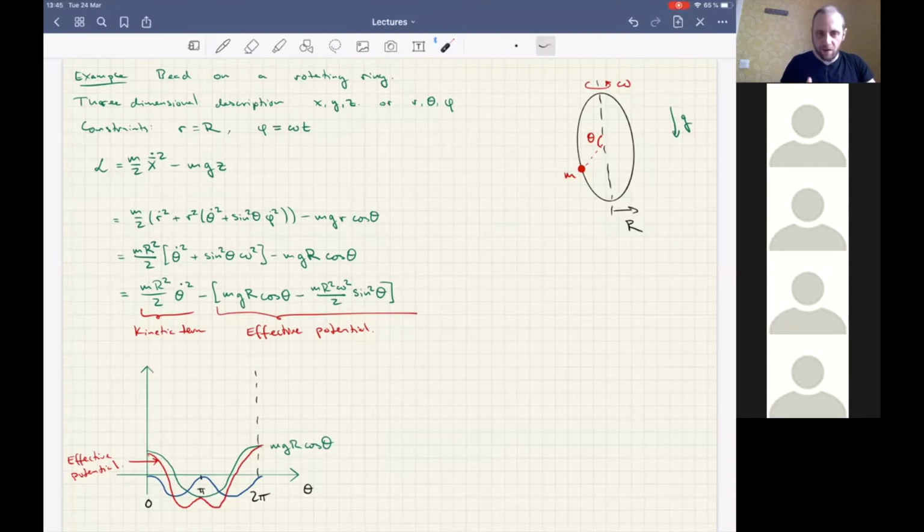So the main thing is, what is the second derivative at pi, right? If the second derivative is positive, you're just going to have one minimum. If it's negative, because the rotational term is taking over there, then you're going to develop two minima. So you can compute a critical angular velocity where this happens.